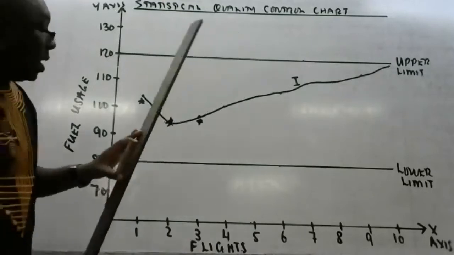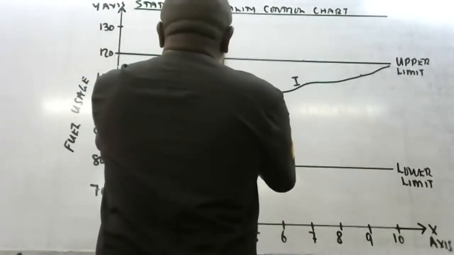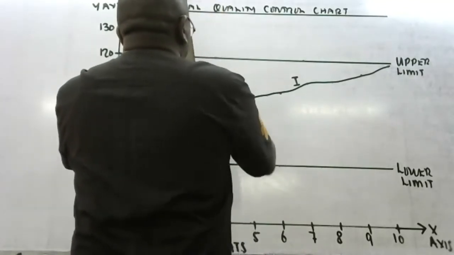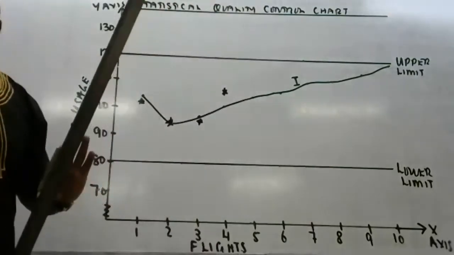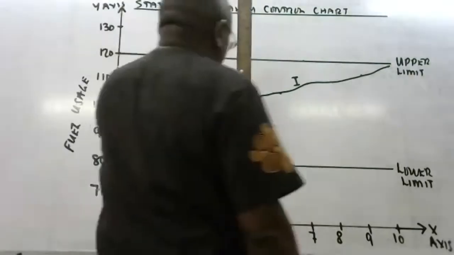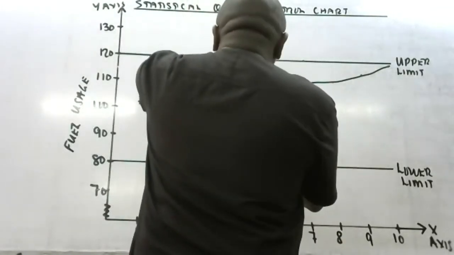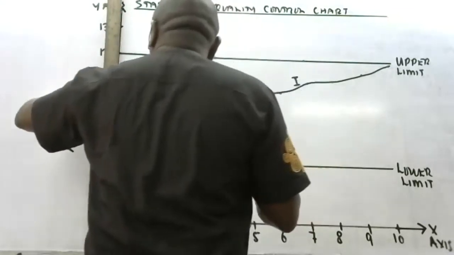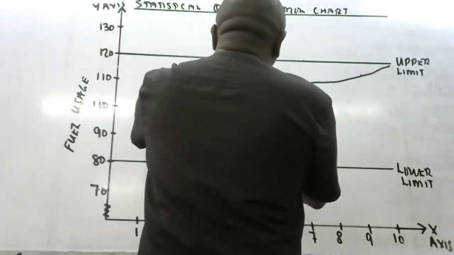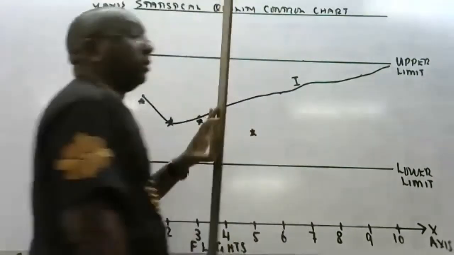The next one is 107. So this is 105. So the 7 is here. The next one is 92. So 90 is 60. So 92 is then here.